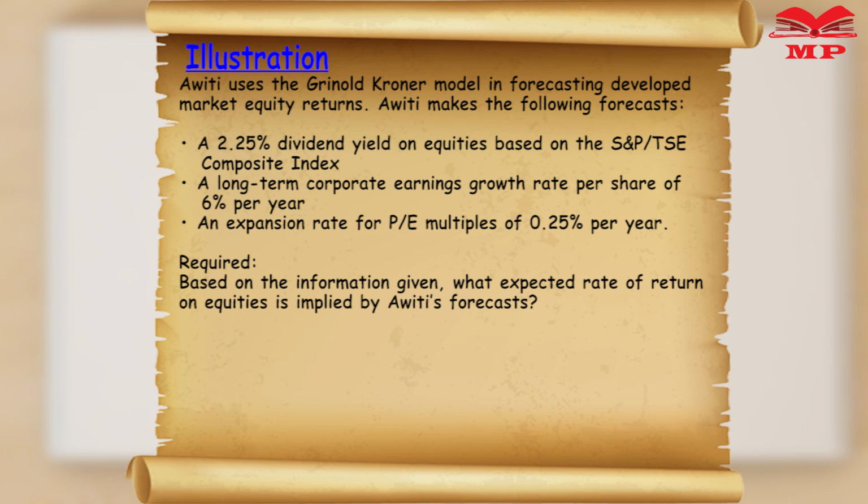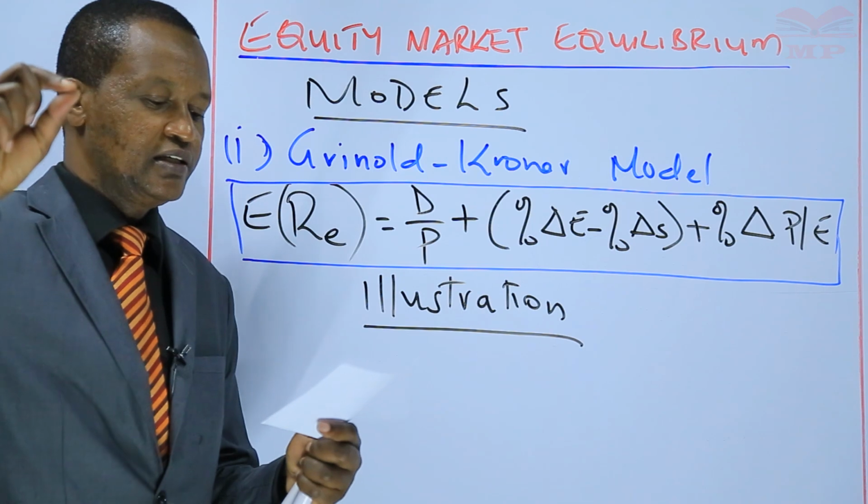Witty makes the following forecast. 1, a 2.25% dividend yield on equities based on S&P Composite Index. 2, a long-term corporate earnings growth rate per share of 6% per year. 3, an expansion rate for PE multiples of 0.25% per year. Required: based on the information given, what is the expected rate of return on equities? That is the question.